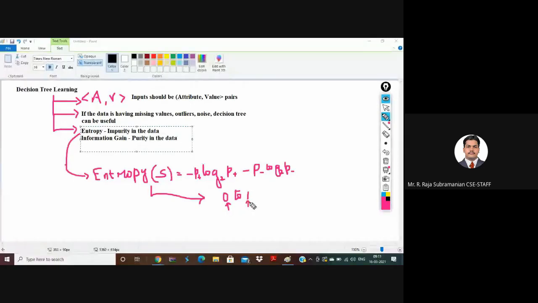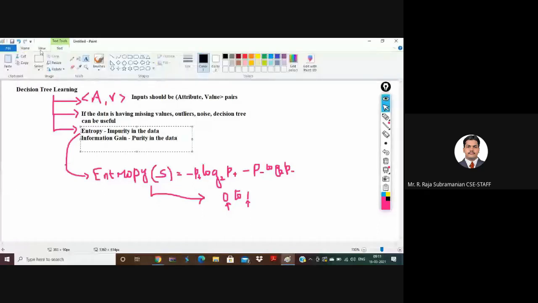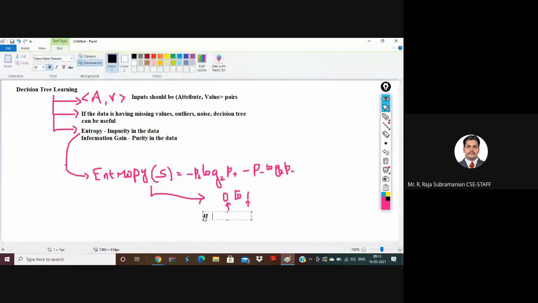So this 0 says that if data is present only in one class, either fully positive or fully negative, then we say it is going to be 0 because there is no impurity. Zero impurity, I say. So it is easy to classify also. That is the idea behind this 0 value.